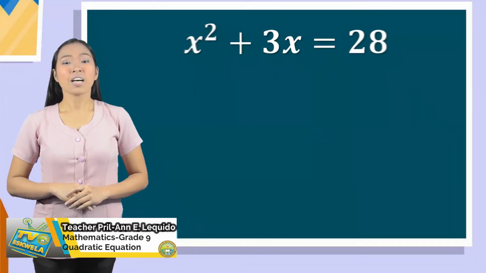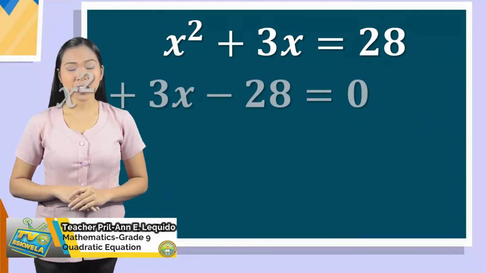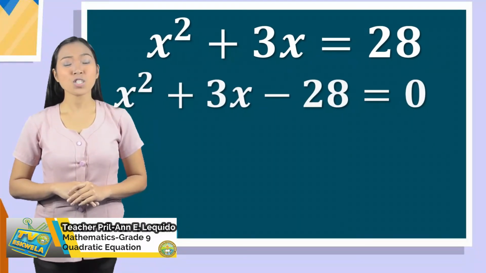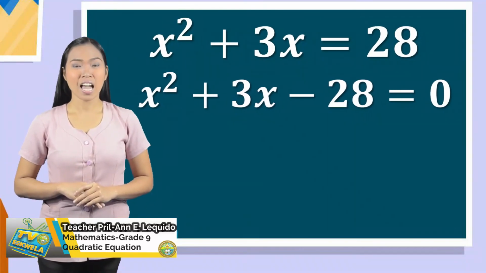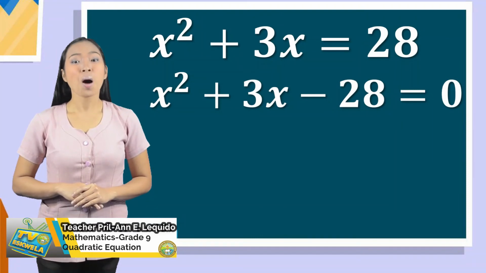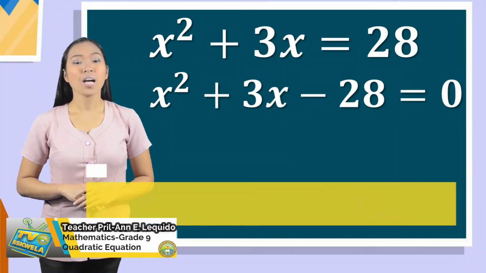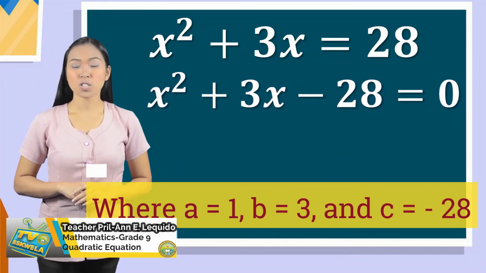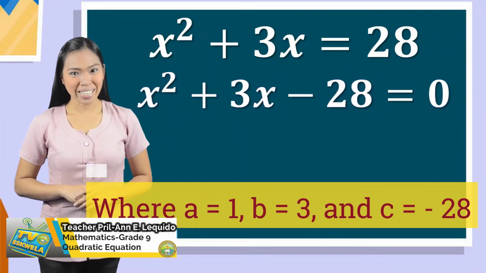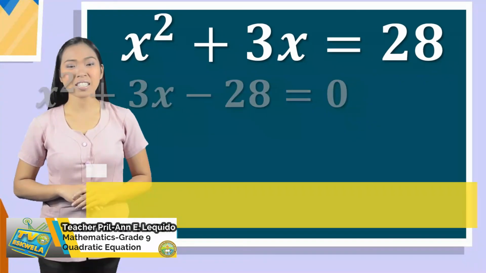Perfect! The standard form of x squared plus 3x equals 28 is x squared plus 3x minus 28 equals 0, where a equals 1, b equals 3, and c equals negative 28.